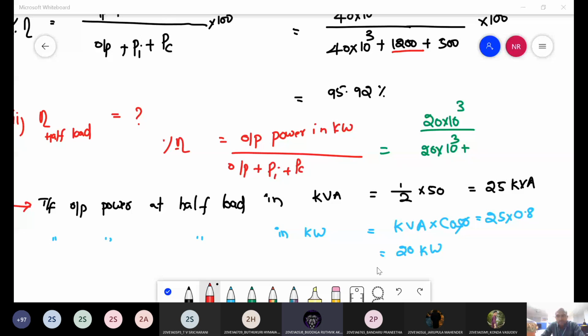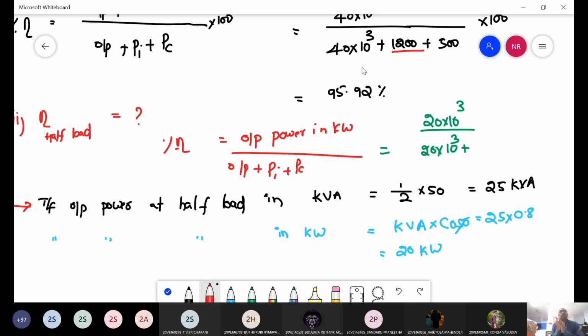Constant losses. The other name of iron loss is constant losses. These losses will not change at any load.